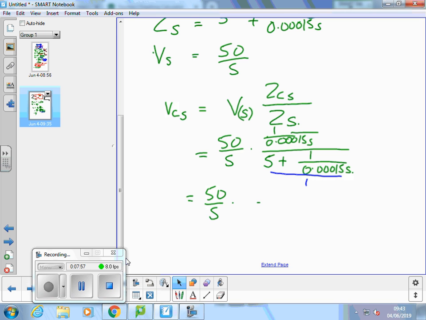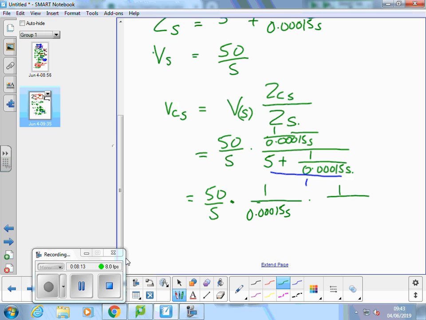So you've got to multiply: all of that times 1 over 0.0015 S times 1 over 5 plus 1 over. Do you agree with that or not?